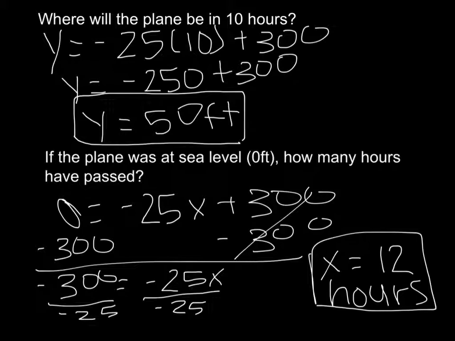You subtract 300 on each side, and 0 minus 300 is negative 300, which equals negative 25x. Then you divide by negative 25 on each side. Negative 300 divided by negative 25 is 12. So x equals 12 hours.